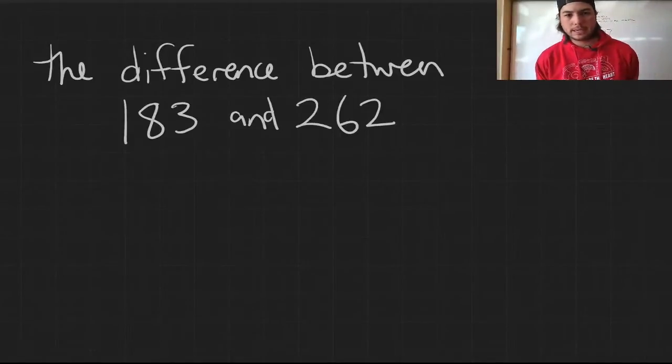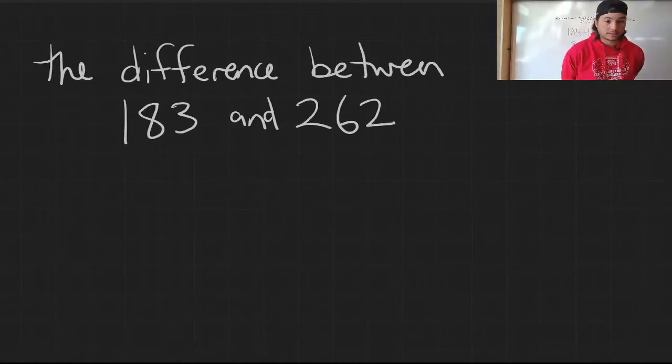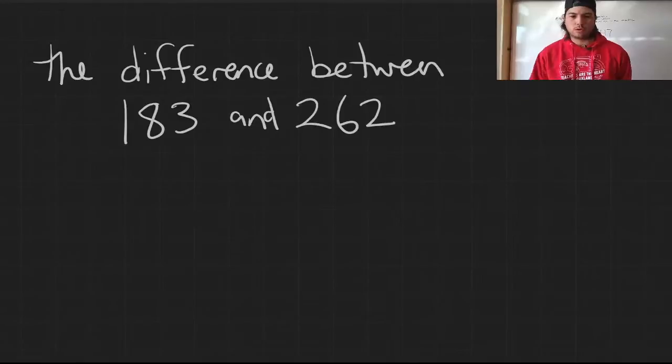Now, this is a situation where, unlike the last example where it says subtract something from something, where it gives you the order, here we've got to think about the difference between these two numbers, okay?